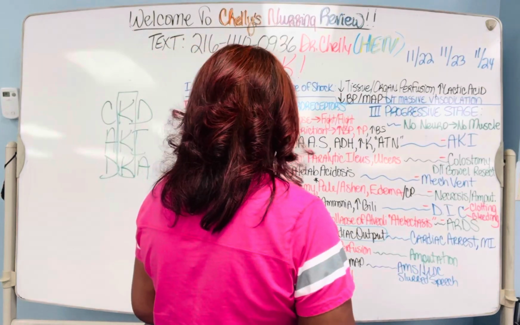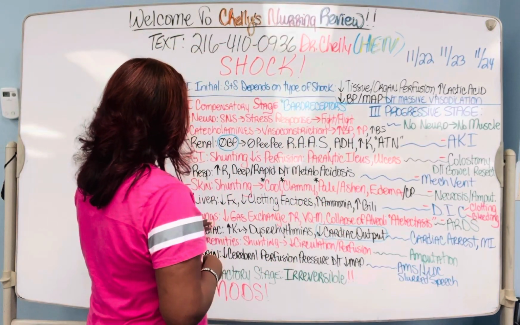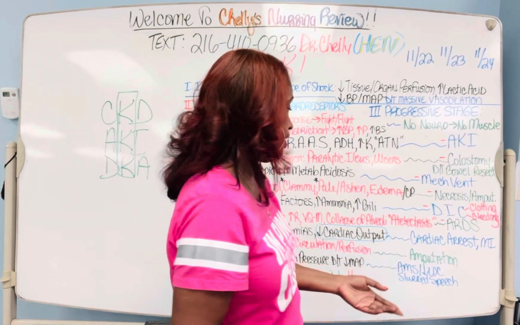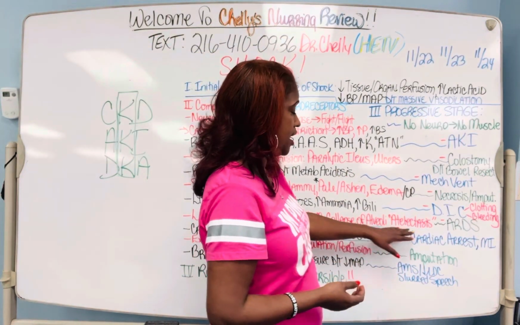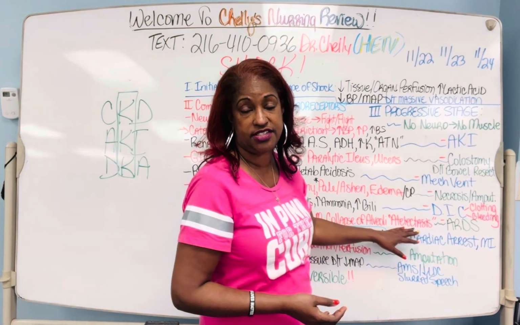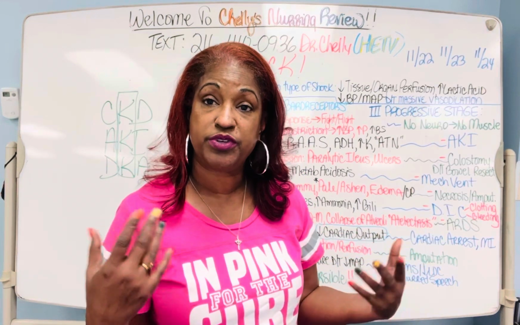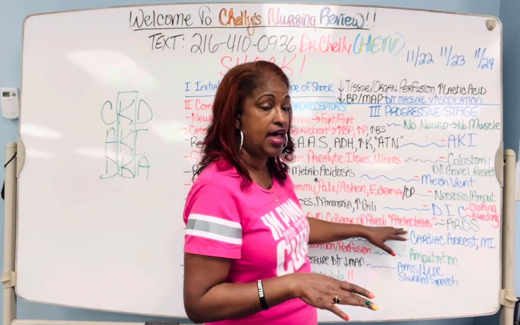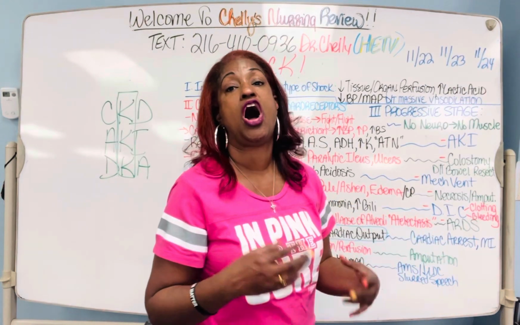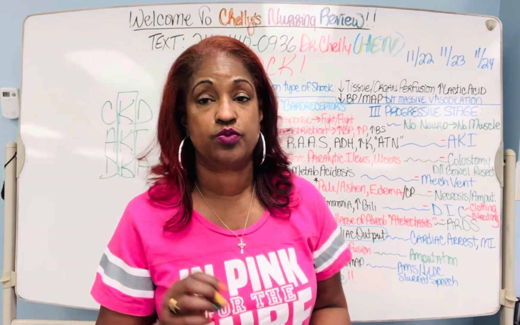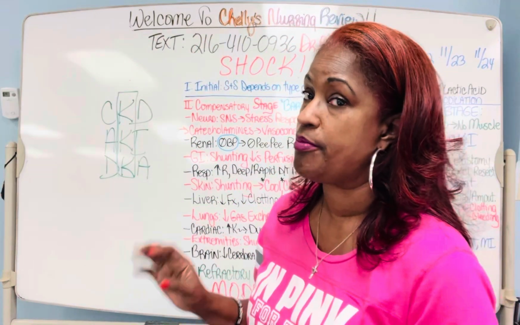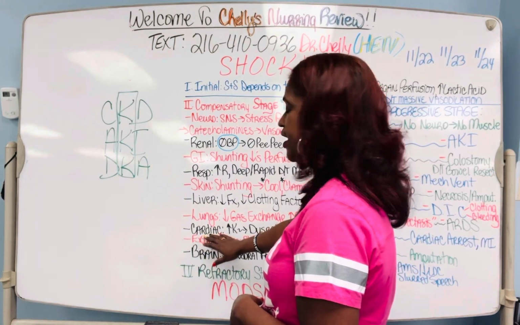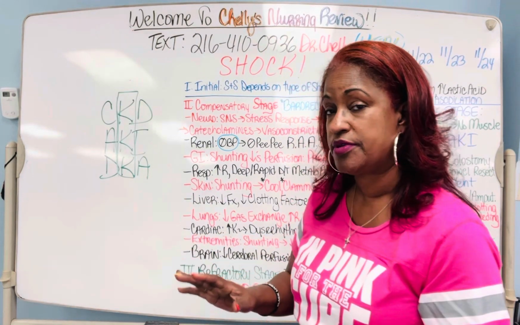Okay? All right. Now, when the lungs start to decompensate and just go downhill quickly, that collapse of the alveoli leads to atelectasis because the body is filling up with so much fluid. This fluid is going to further collapse the alveoli and cause the patient to have ARDS, acute respiratory distress syndrome. The patient's cardiac system starts to decompensate.